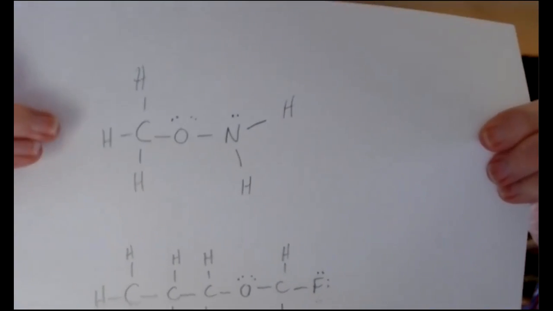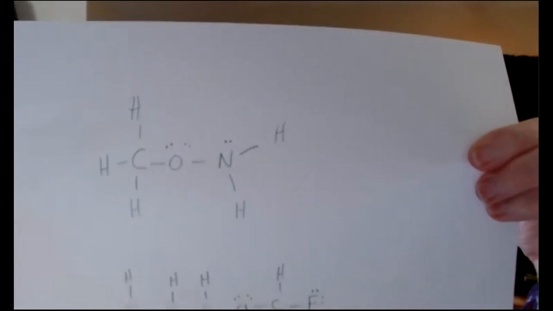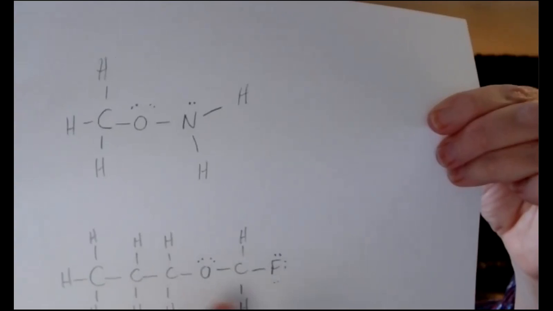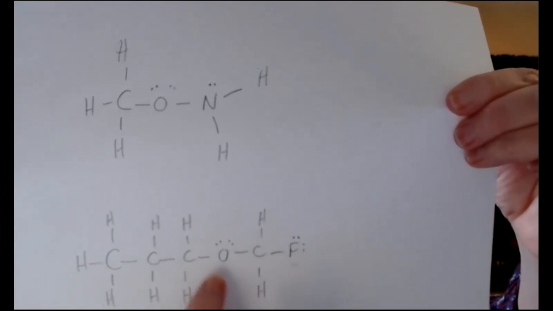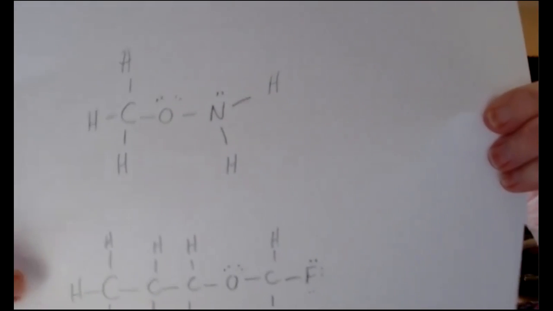Okay, this is the nitrogen one, and yes, this will hydrogen bond to its neighbor. This one, even though there's a fluorine and an oxygen, they don't have a hydrogen attached to them. This one will not hydrogen bond.